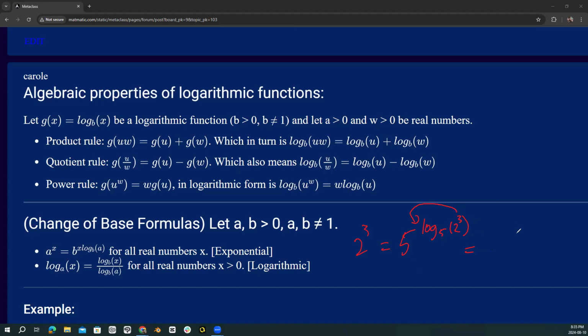And yeah, we get 5 to the power of 3 log base 5 of 2.